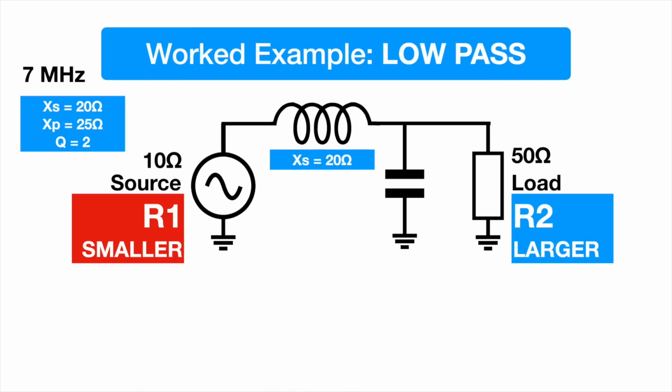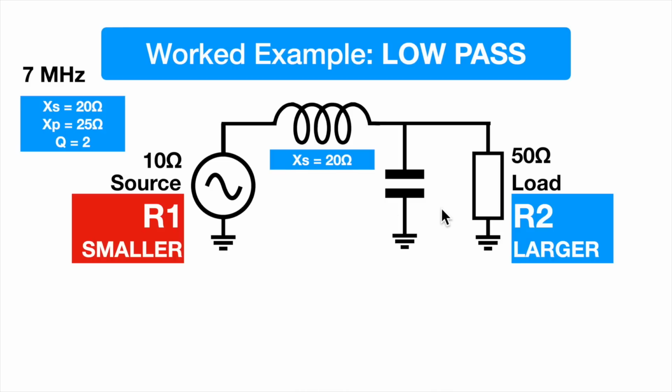And let's just put these values in. So we calculated that we needed a series reactance of 20 ohms. But now, look, because we've gone for a low pass option, we know that our series component will be an inductor. So it won't just be a series reactance of 20 ohms we need, it will be a series inductive reactance of 20 ohms.